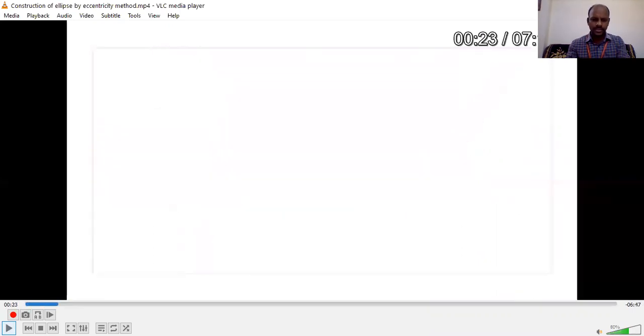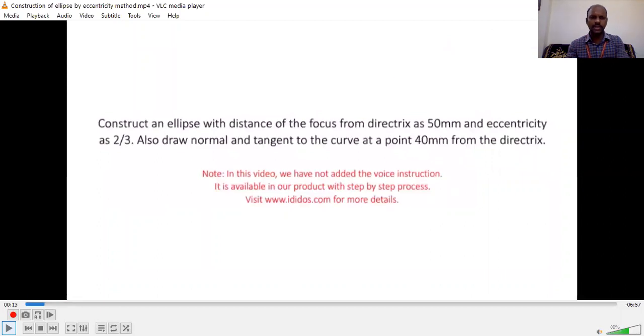First of all, read this problem carefully. Construct an ellipse with the distance of the focus from the directrix 50 mm and eccentricity 2/3. Also draw the normal and tangent to the curve at a point 40 mm from the directrix. Here you will find so many terms, some new terminology, like focus and directrix.